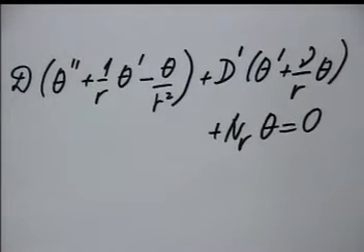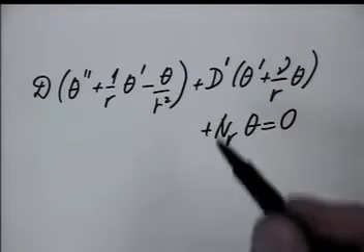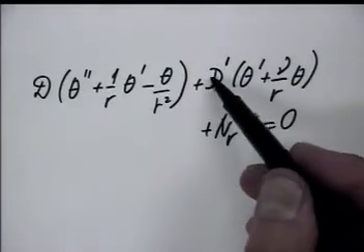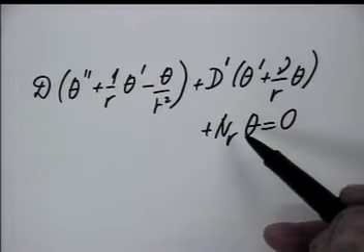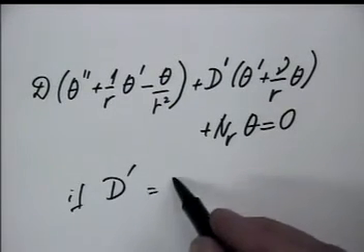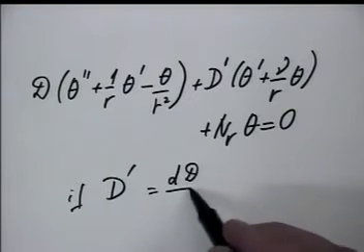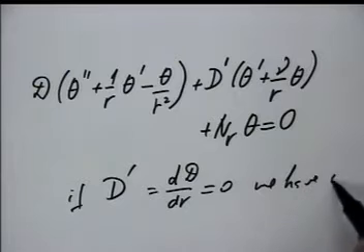So it's a much more monstrous expression. If this is 0, then we get the previous equations that we had. If D prime, this is dD/dr, equals 0, we have the uniform case.